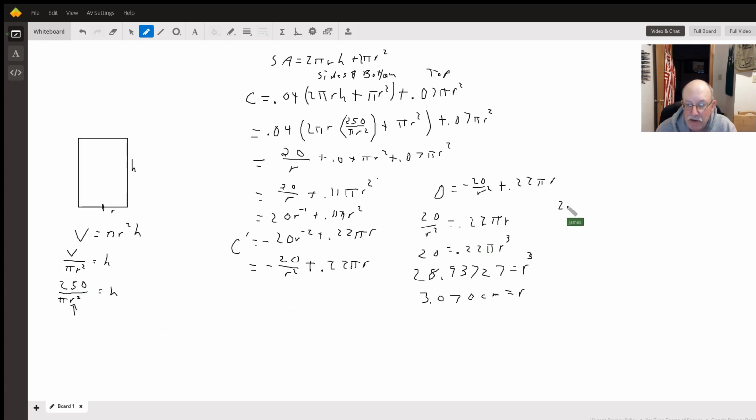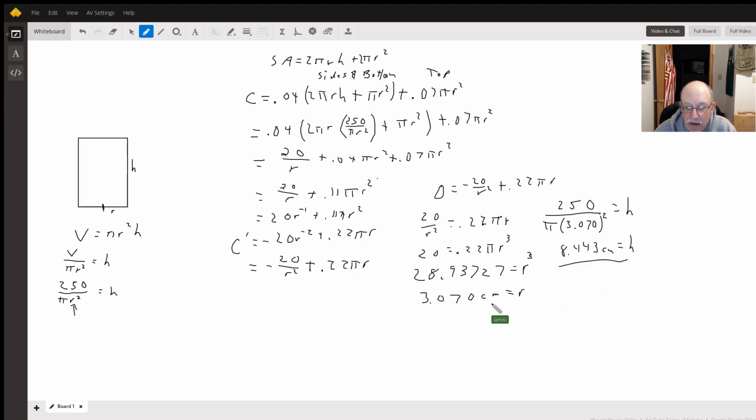So now we got 250 divided by pi times 3.070 squared equals h. So I'll square that number, take it times pi, equals, and we'll do reciprocal times 250, and that comes out, h is 8.443 centimeters.